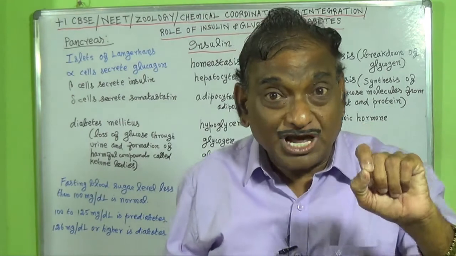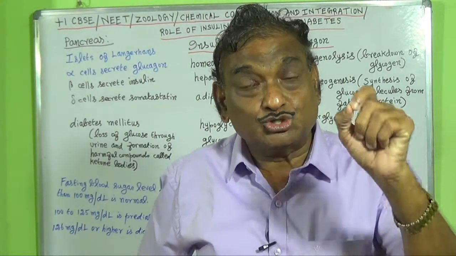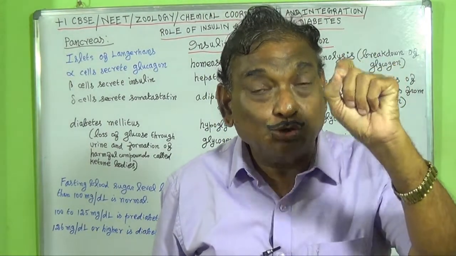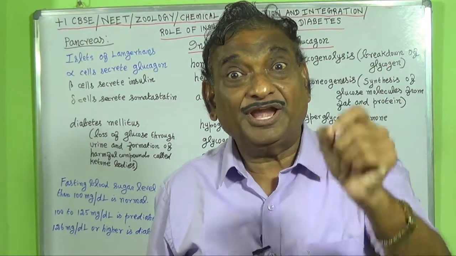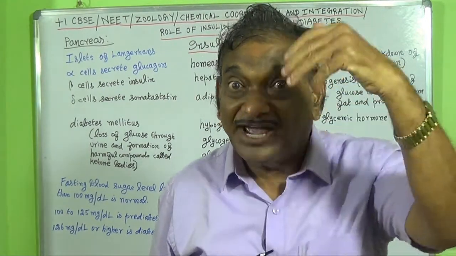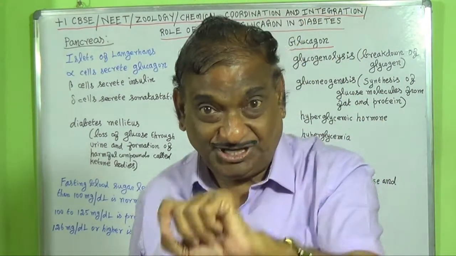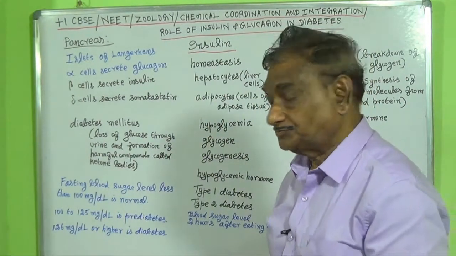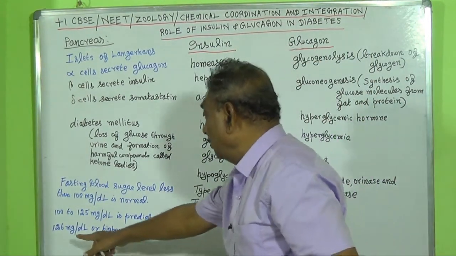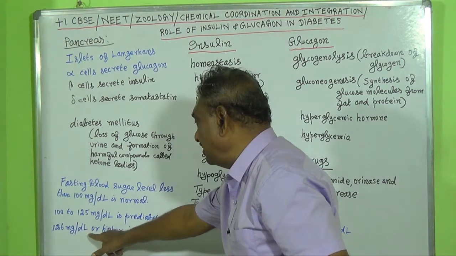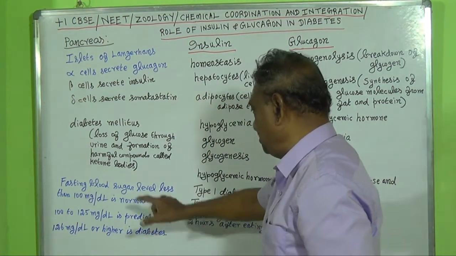If the glucose level, that is blood sugar level, is 126 milligram per deciliter or higher, it is diabetes.